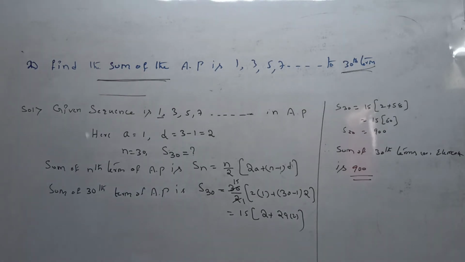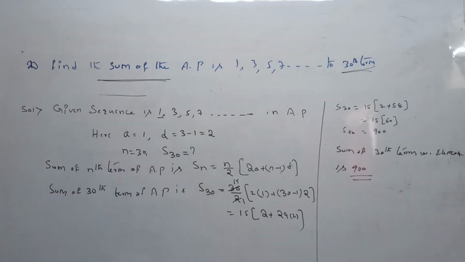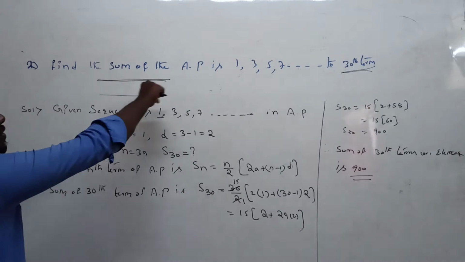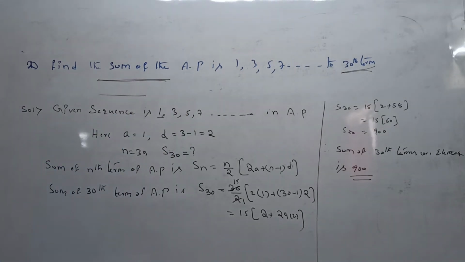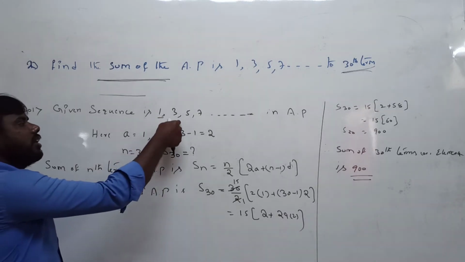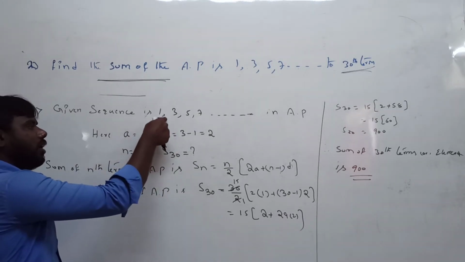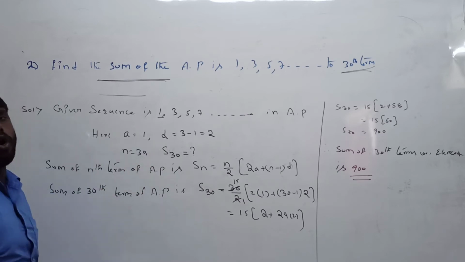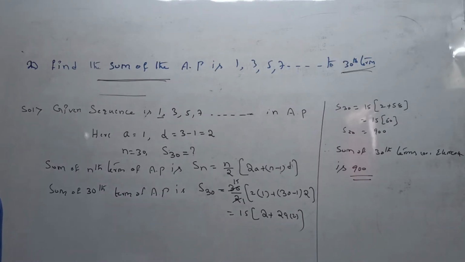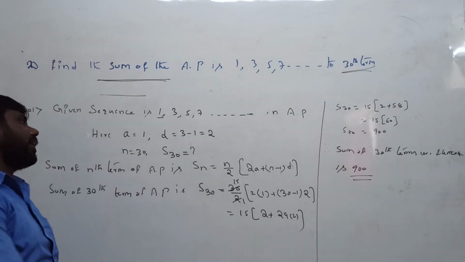So to calculate it, we write the given sequence as it is. A is called the first term in the given sequence. The given first term value is 1. That's why A is equal to 1. D is nothing but the common difference, any term minus the term before it.